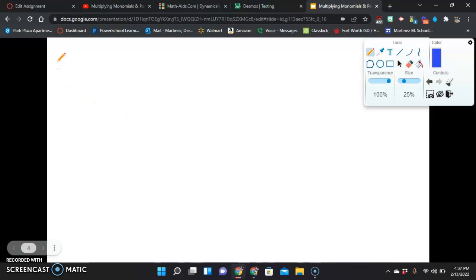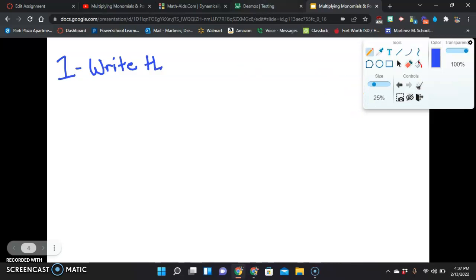So the first step is going to be, you know what, I'm going to write it with text so that way there's no messing up and we won't waste time as well. So let me increase the size to 50.